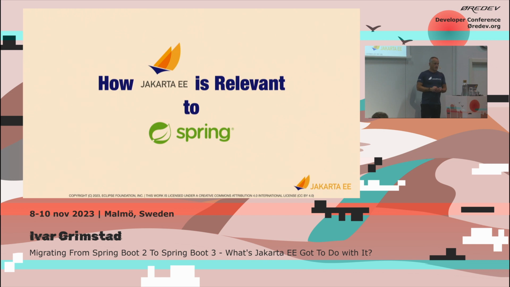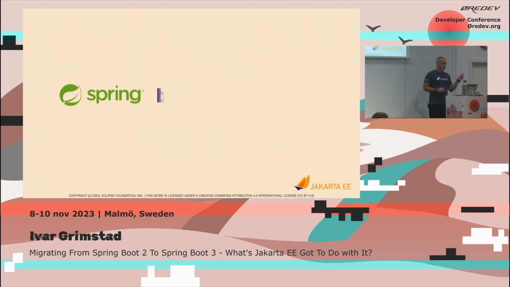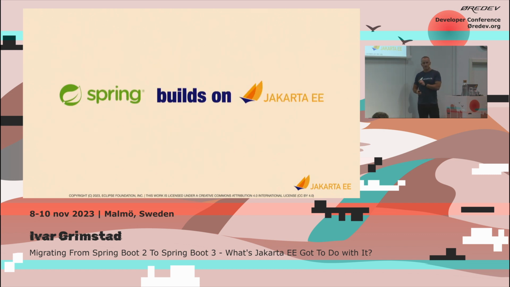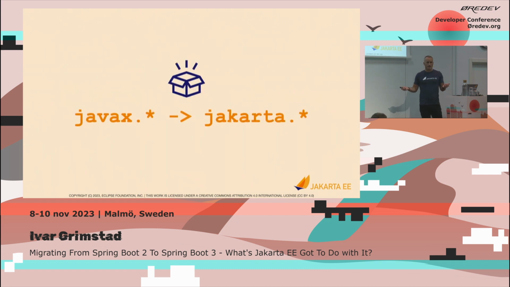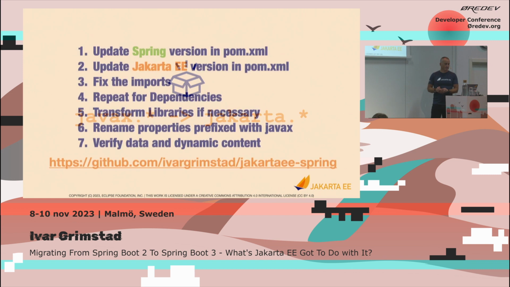I hope this clarified a little bit how Jakarta EE is relevant to Spring, because to a very high degree, Spring builds on top of Jakarta EE APIs. And if nothing else convinced you, this namespace change will, because that's the impact the build-on thing has.